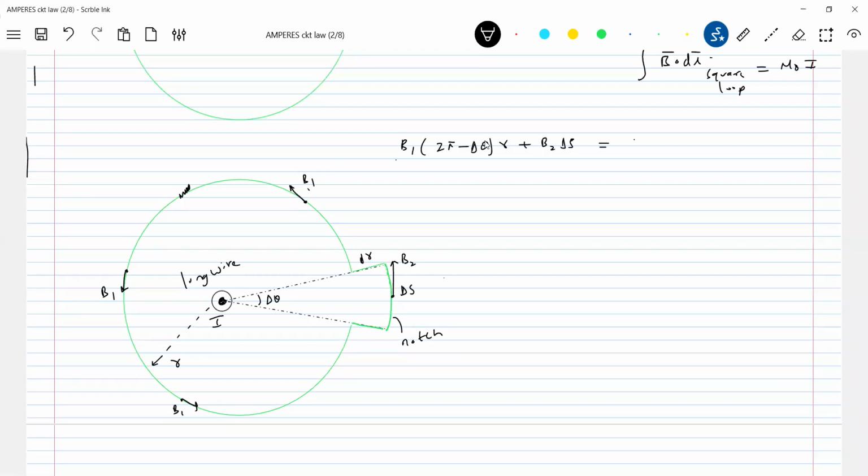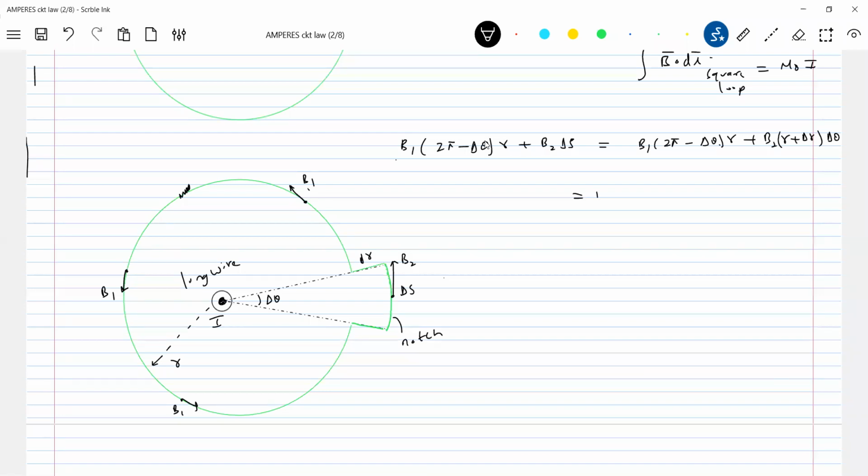So I will expand this: B into 2 pi r minus B into delta theta r. One more step I'll write: what is delta s? (R plus delta r) into delta theta, no?